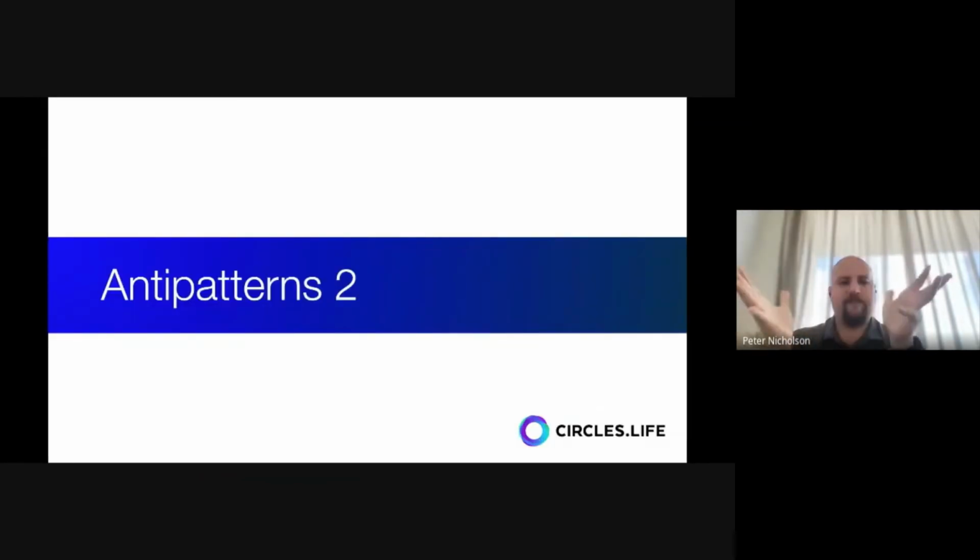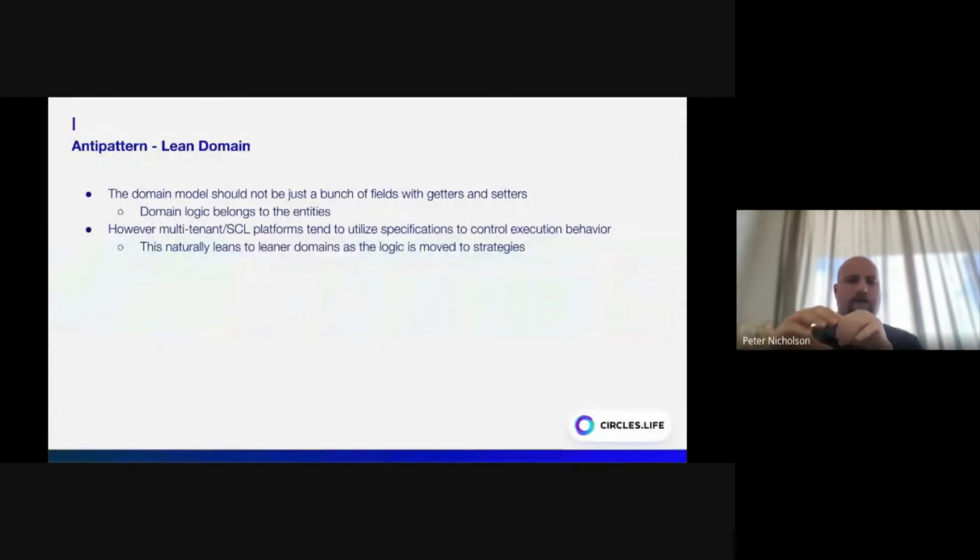With that, there's another set of anti-patterns to talk about. And the first one is the lean domain, which is where your domain should not be hollow. It should not just be a bunch of fields with getters and setters, right? There should be logic in those entities, and there should be as much business logic in those entities as possible. This is one of those "that said" moments, because what we will see is that when you're in a multi-tenant or a single code line platform, you tend to use specifications to dictate what logic to apply, and then strategies to apply that logic.